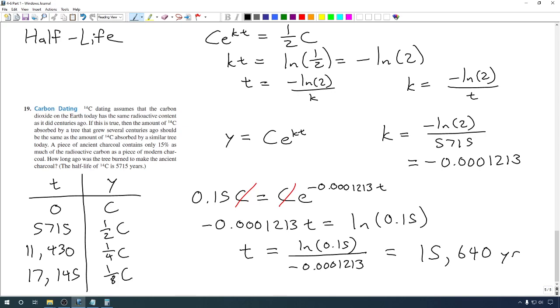An eighth is basically 12.5%. So you can see that we kind of shot past the 15% that they had here, and our time is a little bit further than what we had here. So it makes sense that if we don't quite go 17,000 years, we don't quite get down to an eighth of c.